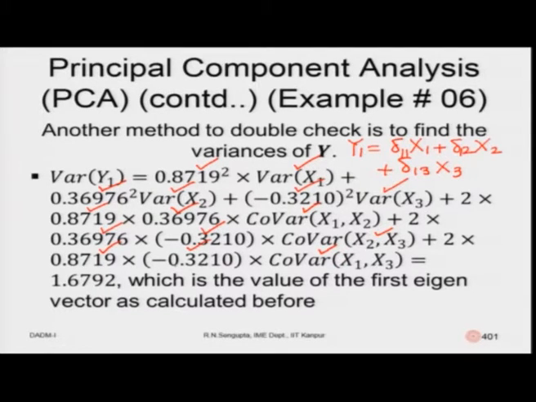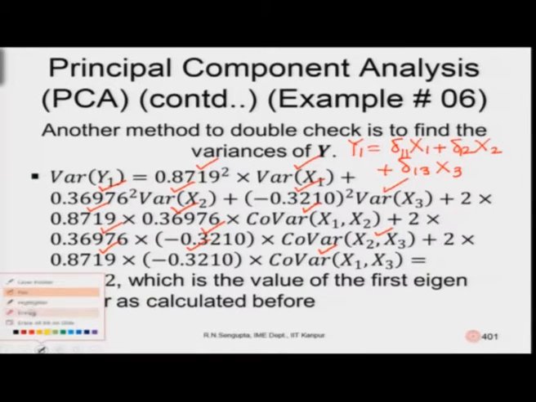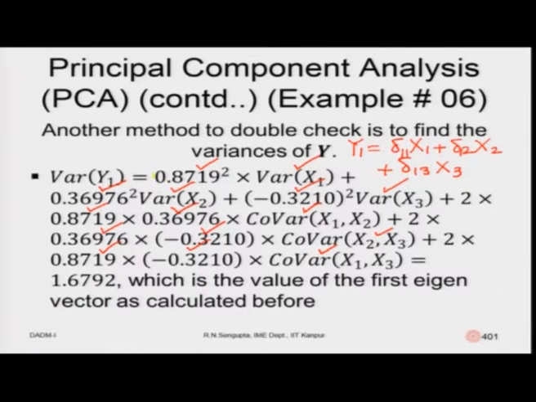So, technically delta 1 1 will come once here, second time when we are trying to find out corresponding to covariance of x 1 2, and third time it will come when you are trying to find out the covariance of 1 and 3. So, let us check, yes, it is there. So, delta 1 1 is taken care. Now, let us come to delta 1 2.